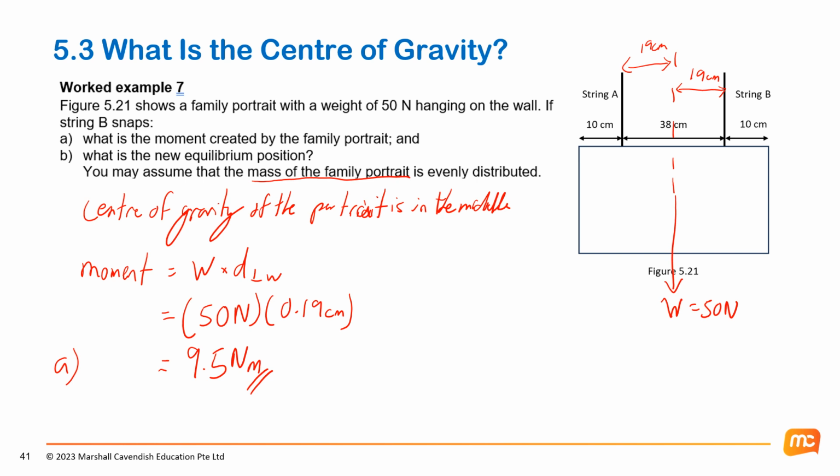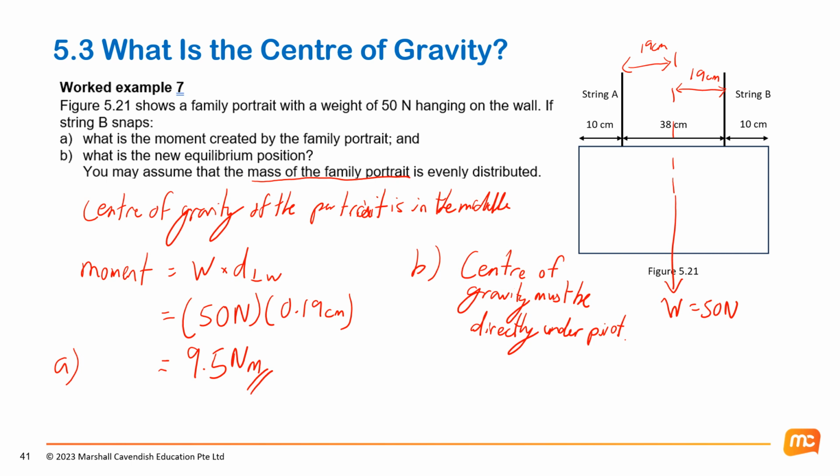So for B, what is the new equilibrium position? For equilibrium, what it means is the center of gravity must be directly under the pivot. And if it's directly under the pivot, this is enough of an answer, but let's draw this out just to be very, very clear.